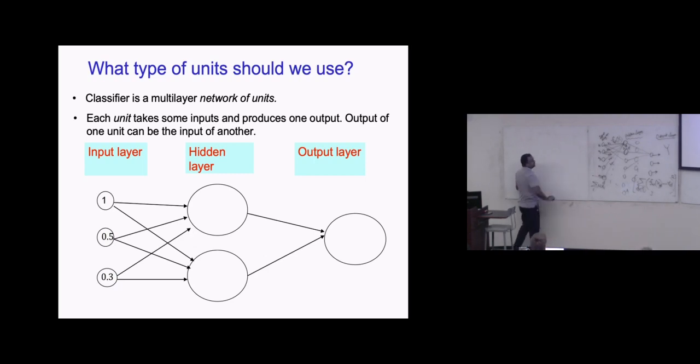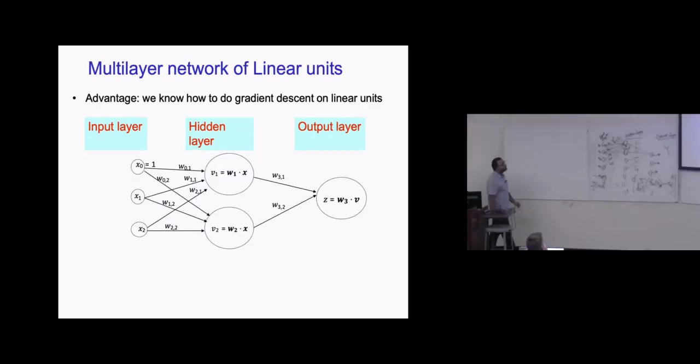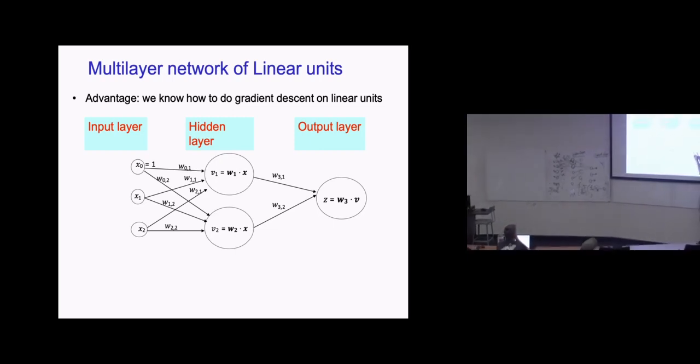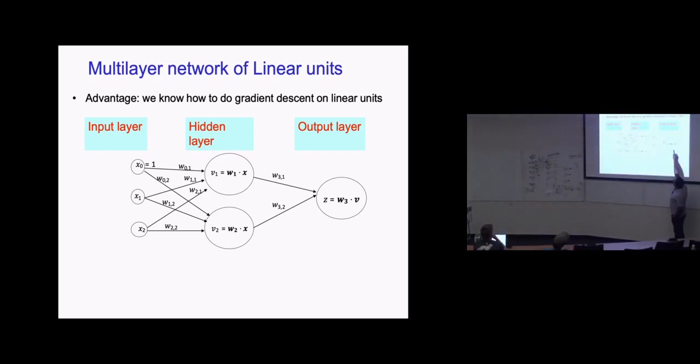And as I said, we do a dot product with these weights, in both of them with different weights. Then we again have 2 different weights that we take a dot product with these 2 values, v1 and v2. We take a weighted combination of them, and that could be the output.